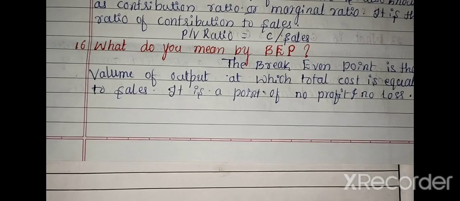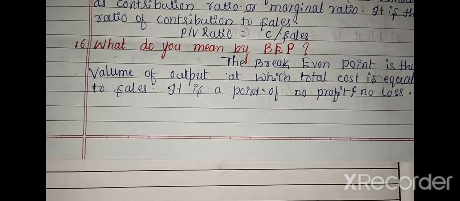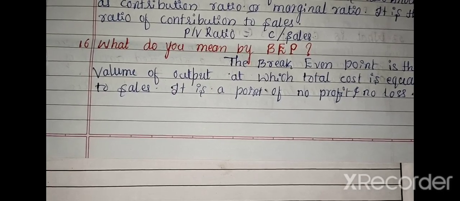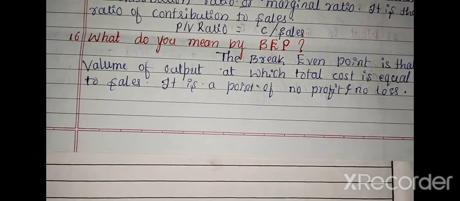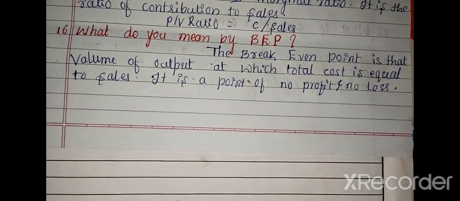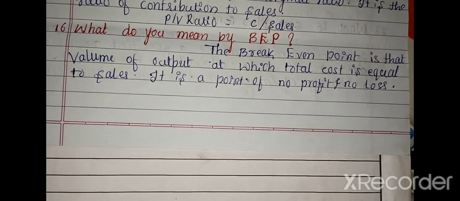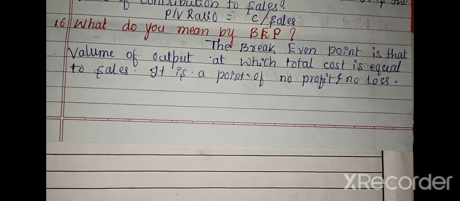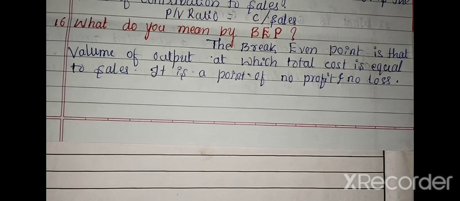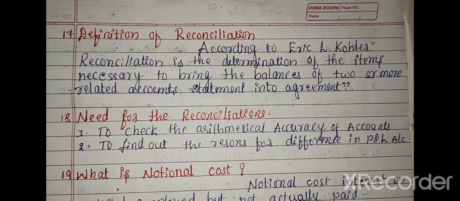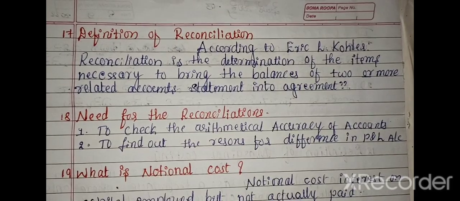Question number 16. What do you mean by BEP? Here BEP full form is break-even point. The break-even point is that volume of output at which total cost is equal to sales. It is a point of no profit or no loss. Question number 17.